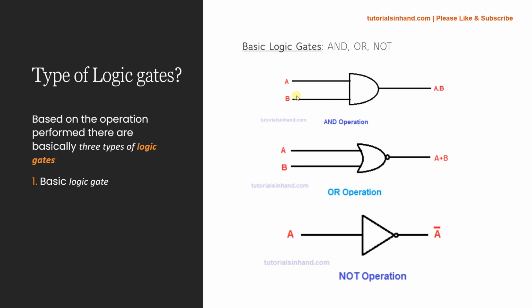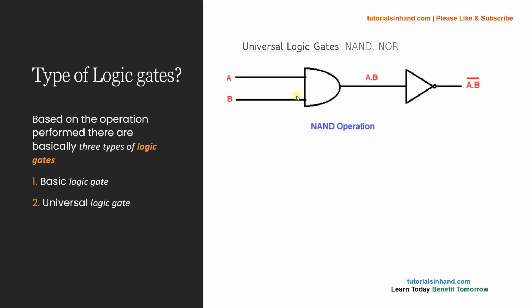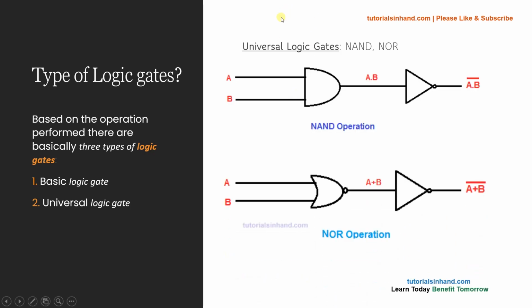Now let's move ahead to the second type, which is the universal logic gate, and universal logic gates are of 2 types: the NAND gate and the NOR gate. Now you see, we are trying to combine 2 different gates that we have shown earlier in the basic logic gates. That means when we combine 2 basic logic gates, we create one universal logic gate as shown here.